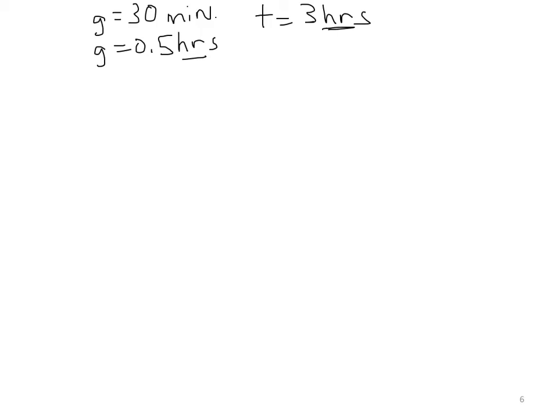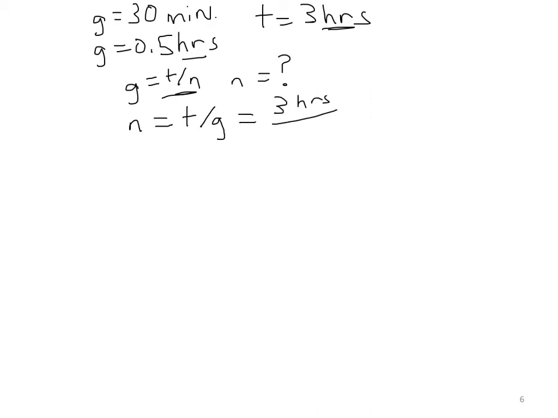And you can use that information in the equation G equals T over n to solve for little n, which is the number of generations. So if we rearrange that equation to solve for n, we can say that n equals T over G, which in this case is 3 hours over 0.5 hours.